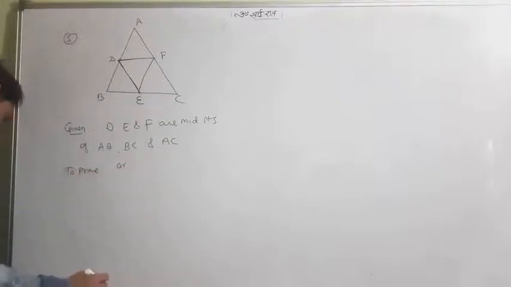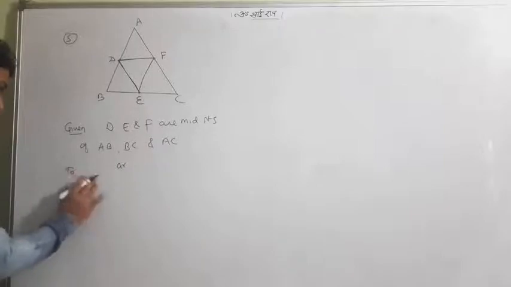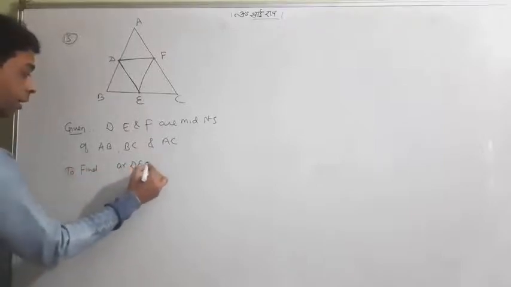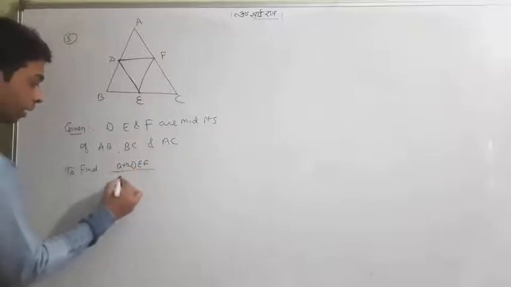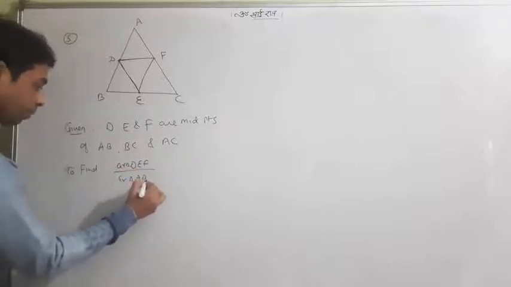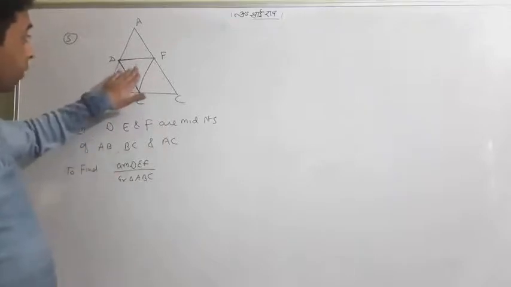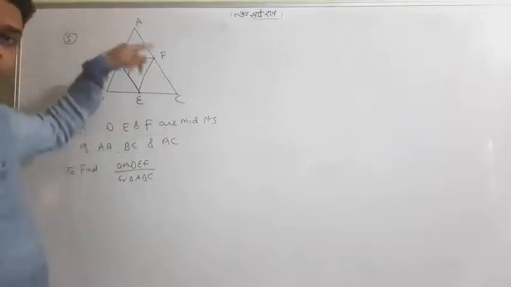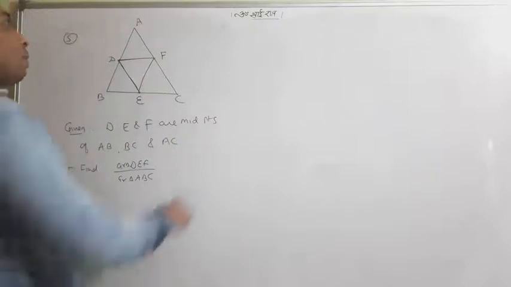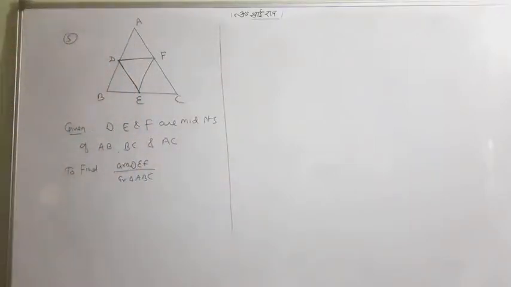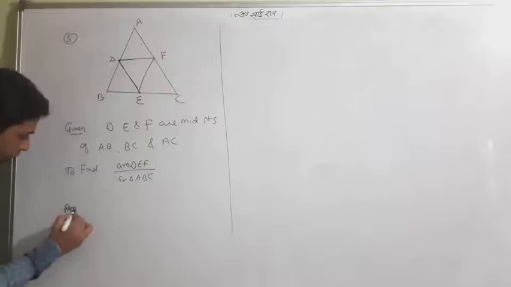To find: the ratio of area of triangle DEF upon ABC. This is the question we are asked here. What is the ratio between the area of DEF and the whole ABC? Interesting it is. Look, I will tell you how we can prove this particular question. Students, first we start the proof.